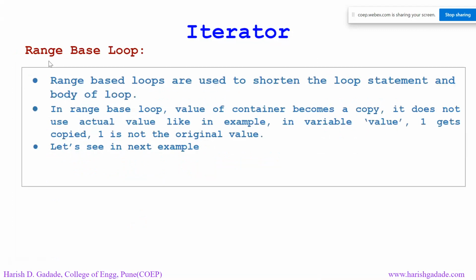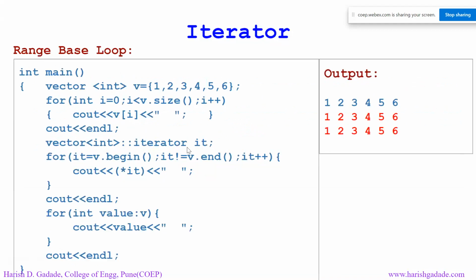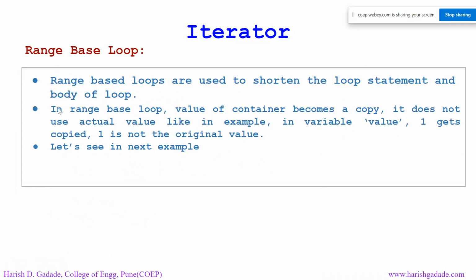So I told you something about the range based loop. Range based loops are used to shorten the loop statement and the body of the loop. Already I told you. You can see the length of this loop and the length of this loop, right? So it gets shortened. Then in a range based loop, the value of the container becomes a copy.